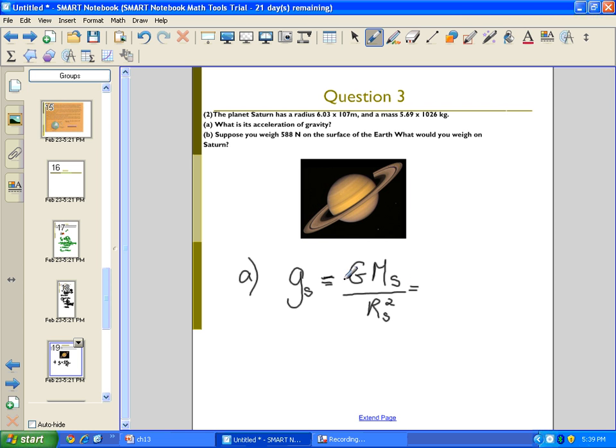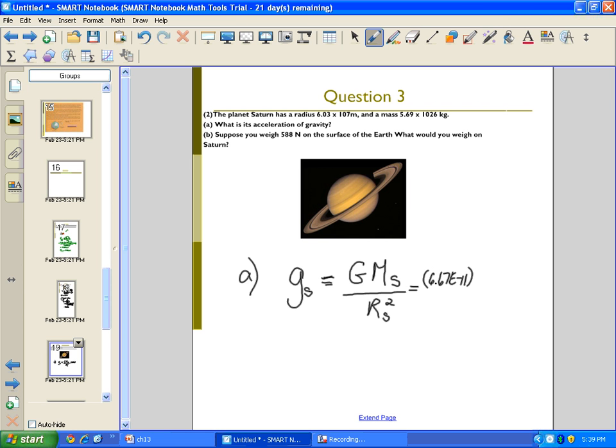You see, because the gravitational acceleration will be unique to every planetary body depending on its mass and its radius. Well, when we substitute our numbers, I think I'm going to run out of room here, but I'll go ahead and try.